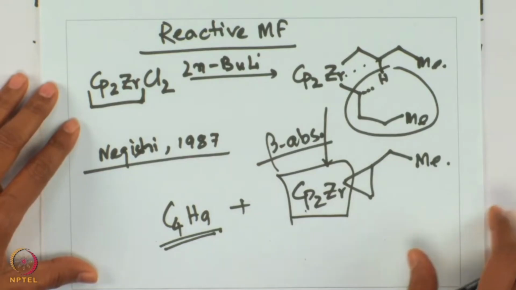Let us look at the enyne cyclization, where we will be discussing one ene substrate, another yne, that means alkyne substrate, one olefin and one alkyne put together. We will try to build a complicated molecule, or value-added molecule, by utilizing this Cp2 zirconium species.